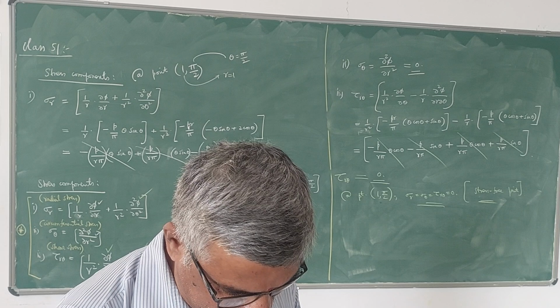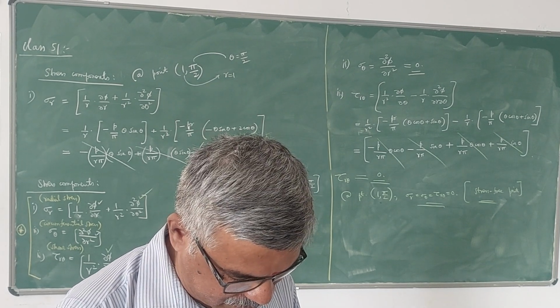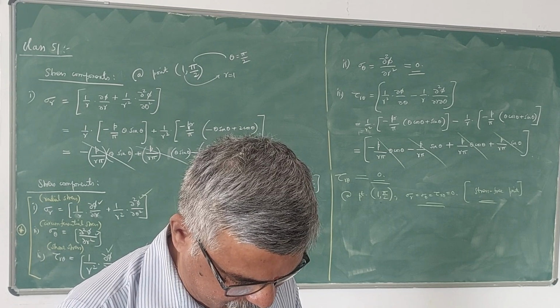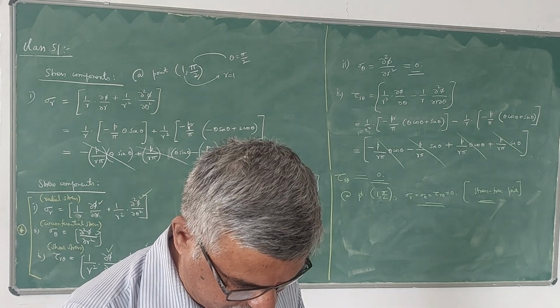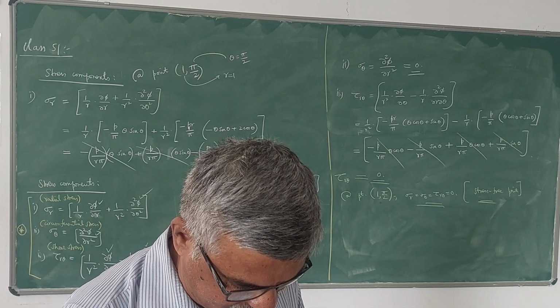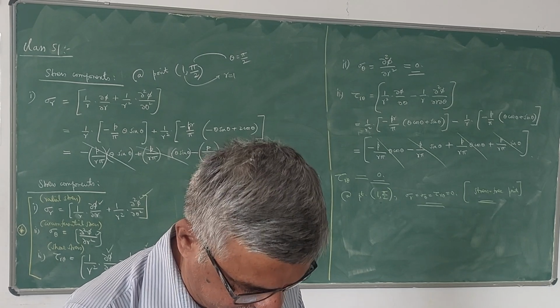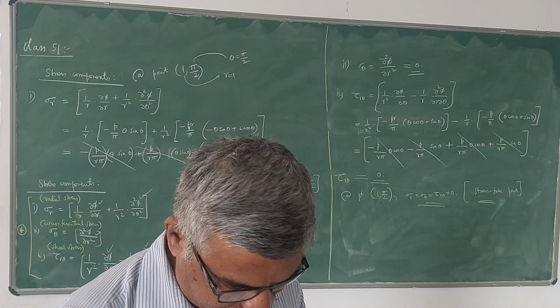That means radial stress, circumferential stress and the shear stress, all of them are equal to 0. That means the body is subjected to no stress at the point 1 comma pi by 2.